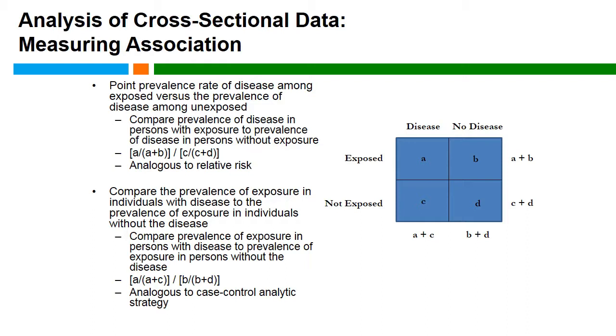This is more similar to the case control analytic strategy. So using the same simple 2x2 table that you see on the slide, this calculation would be A over A plus C. That's the rate of exposure among the diseased individuals, and we're going to compare that to B over B plus D, the rate of exposure among individuals without disease.